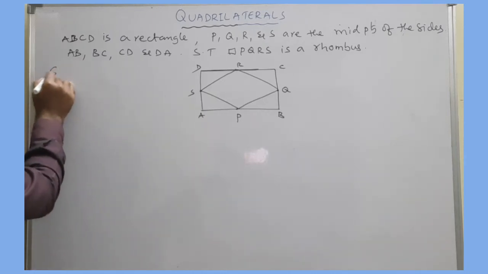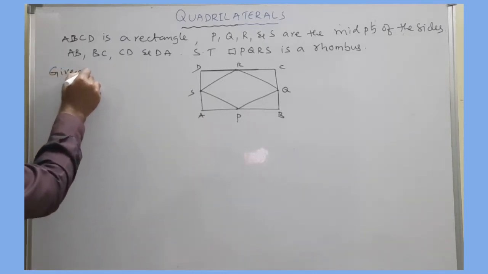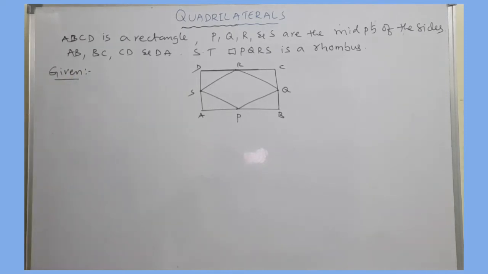So first of all, you can write what is the given information. Given that ABCD is a rectangle, moreover P, Q, R, S are the midpoints of the sides AB, BC, CD and DA respectively.